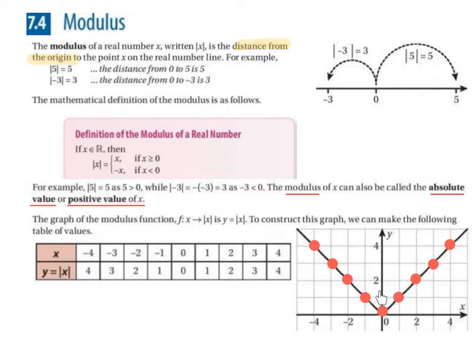So it looks like a V shape or a downward arrow shape, and it's important to learn this off by heart. So you want to be able to recognize straight away that this is the graph of y equals modulus x. So notice that it has its apex or its minimum point at the origin 0, 0.